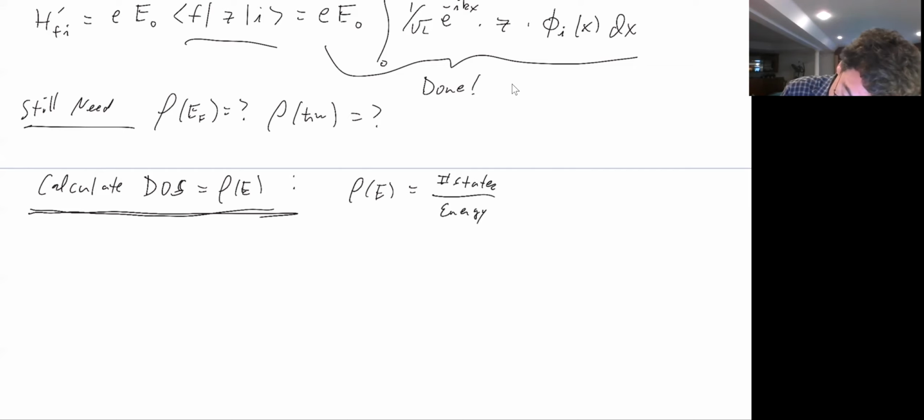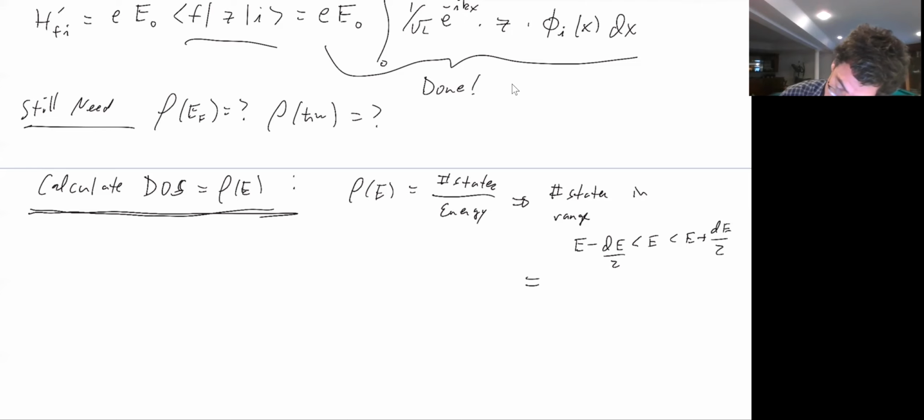The idea is that the number of states in this range, and I defined this before, but I'll remind you, in the range E minus dE over 2 less than E less than E plus dE over 2, is equal to rho of E dE.